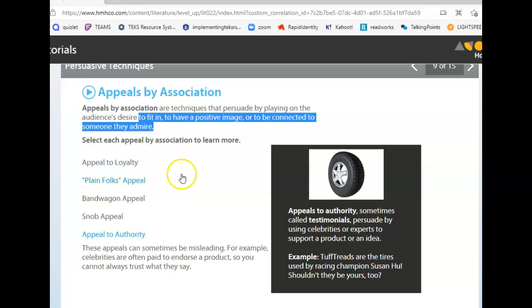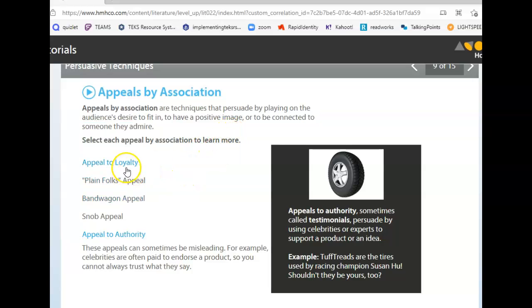When an idea or product is connected to something readers find comforting or familiar, you needed to click through these things until you found the words comforting or familiar.